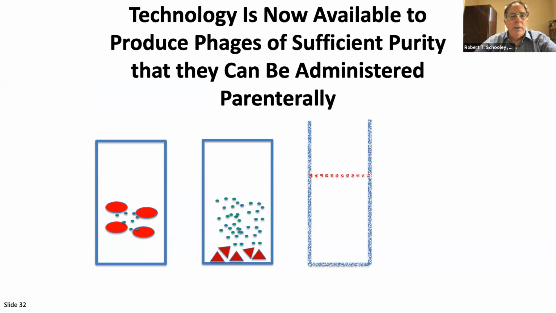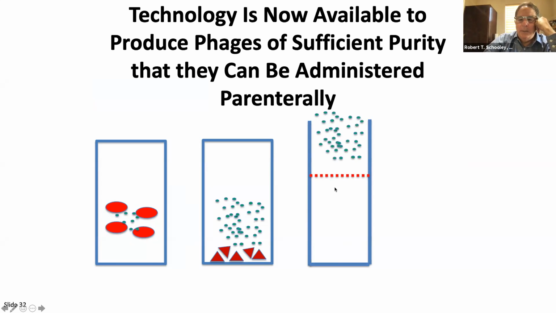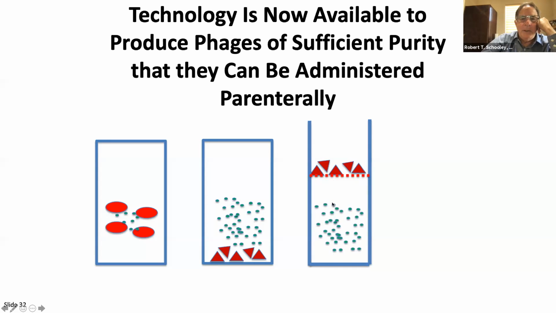The way you do that is to create a chamber that has a filter that's able to filter out the living bacteria and bacterial schmutz, if you will, and then pass the material through this, and you end up with purified phages down below, but also endotoxin and a bunch of other molecules that could cause toxicity in patients.